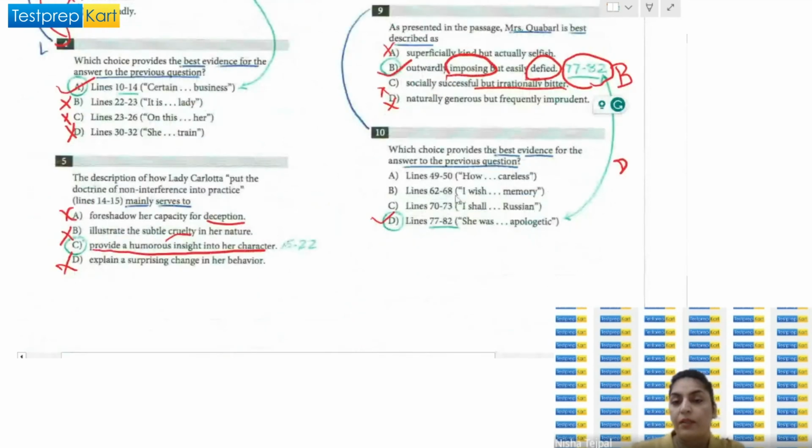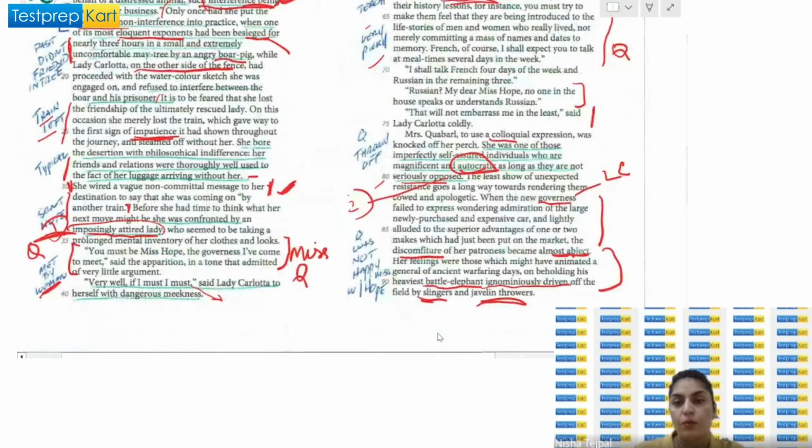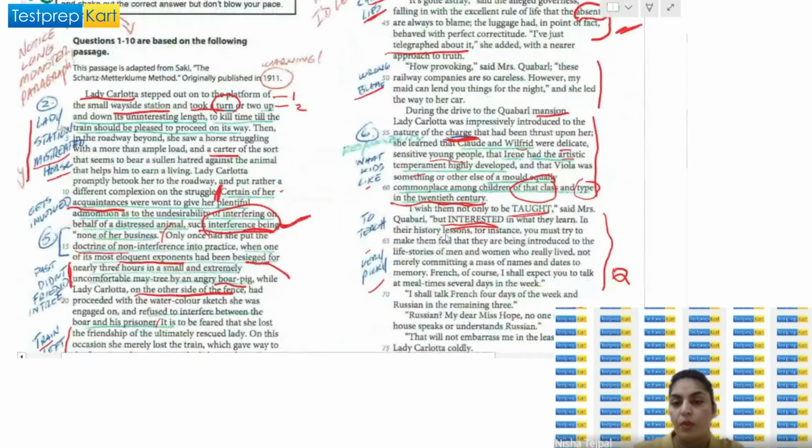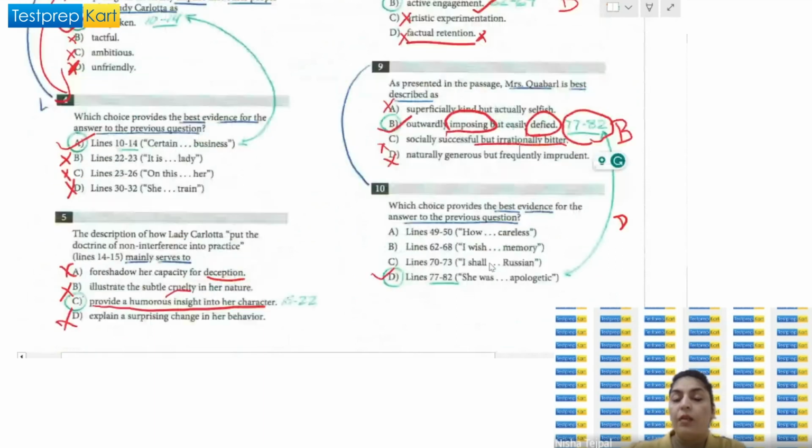Okay, line 62 says, I wish them not only to be taught, said Miss Quabal, but interested in what they learn. So this is not telling about Miss Quabal being dominating or very imposing. She is just telling about her children's lessons, how these lessons or sessions should be. Okay, so this is not supporting.